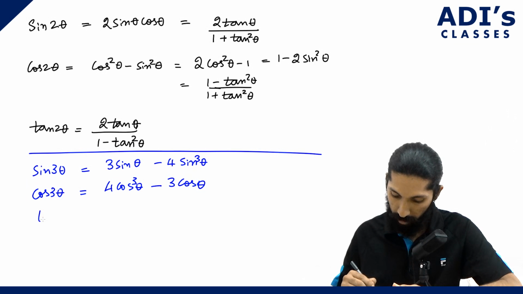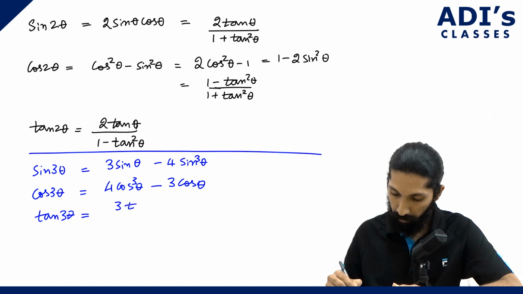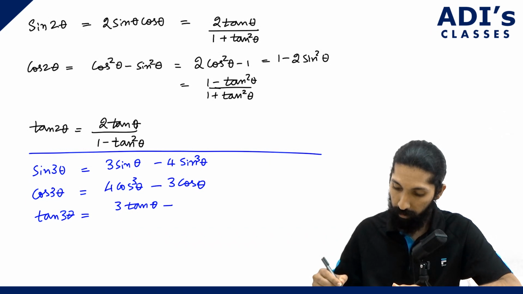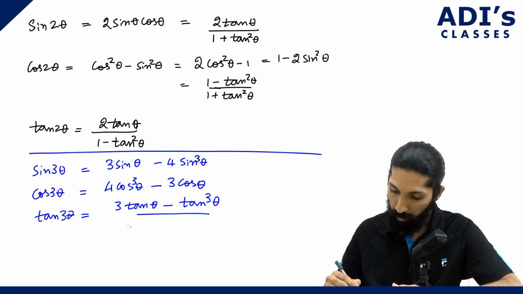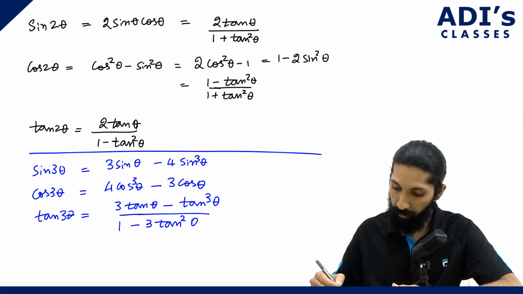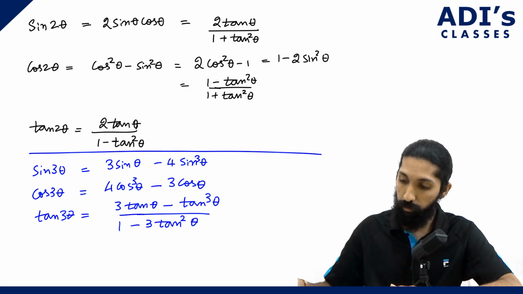Next, if you have tan 3 theta, 3 tan theta minus tan cube theta by 1 minus 3 tan square theta. Okay, now these are the multiple angles that you have, correct?